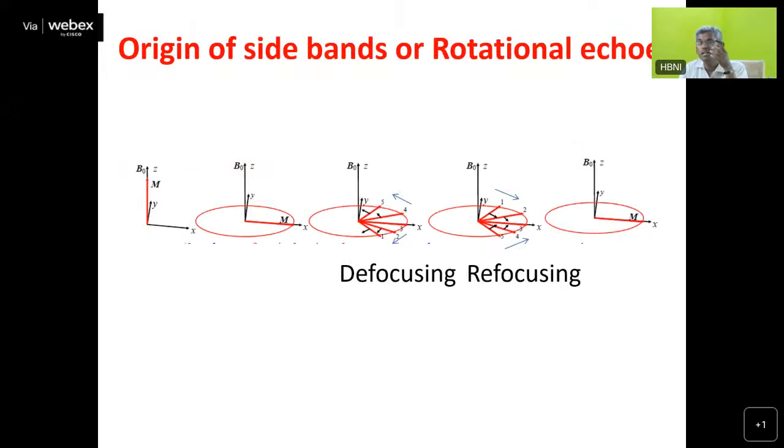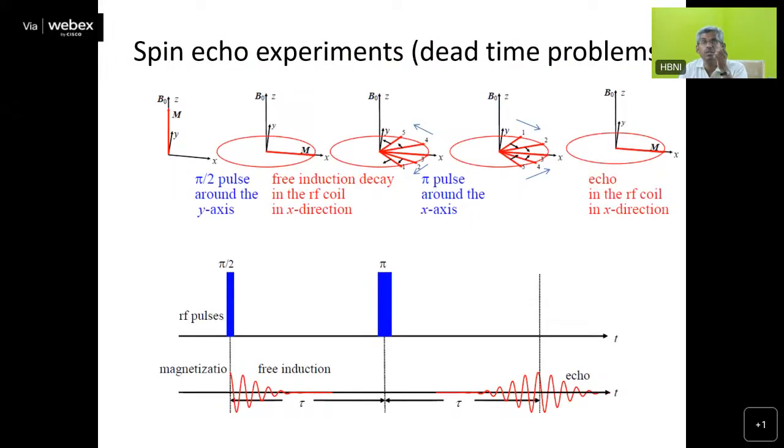So this is a similar type of thing, the spin echo sequence. Probably you might have studied in solution NMR how to generate spin echoes, because many times dead time problems are solved with the help of spin echoes only. Here we use a 90-degree pulse and then a pi pulse, and then you generate an echo. So this echo is used to solve dead time problems in NMR.